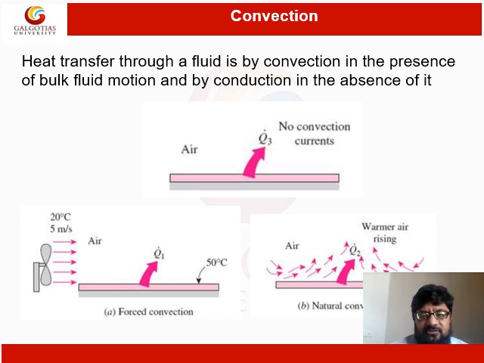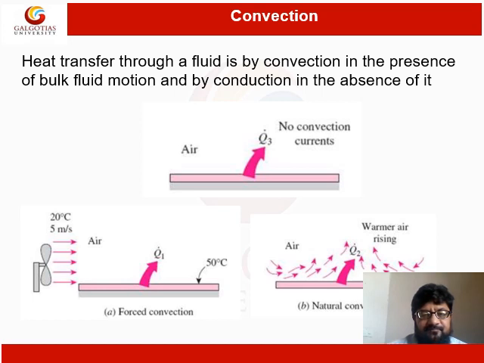These heated fluid particles rise up, giving place to the heavy cold particles. This process continues, and in this process we do not need any external agency. This process is known as natural convection. Natural convection is basically governed by buoyancy forces.